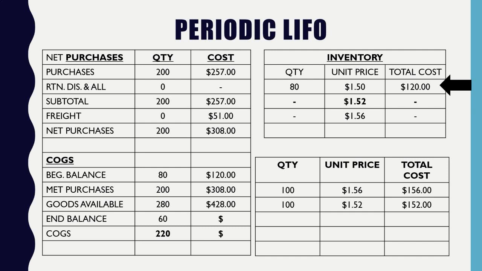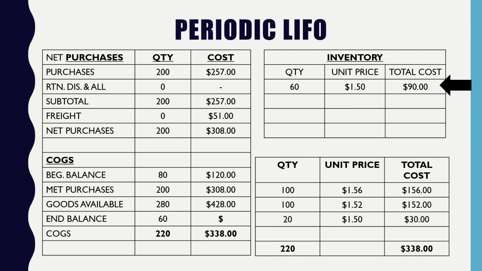I only have one batch of inventory left, so I'm going to take my 20 of those items and multiply it by my $1.50 to give me a grand total of $30, to give me a grand total to sell 220 items at a grand total of $338 even.